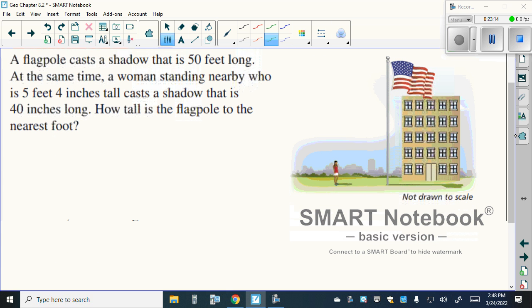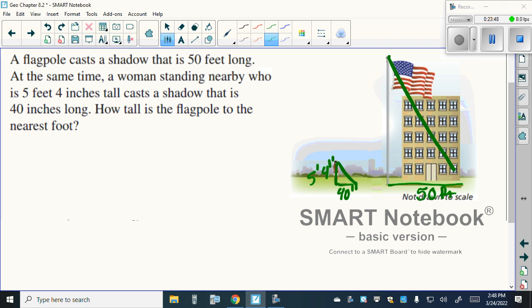Last problem we're going to look at. A flagpole casts a shadow that is 50 feet long. At the same time of the day, a woman standing nearby who is 5 feet 4 inches casts a shadow that is 40 inches long.